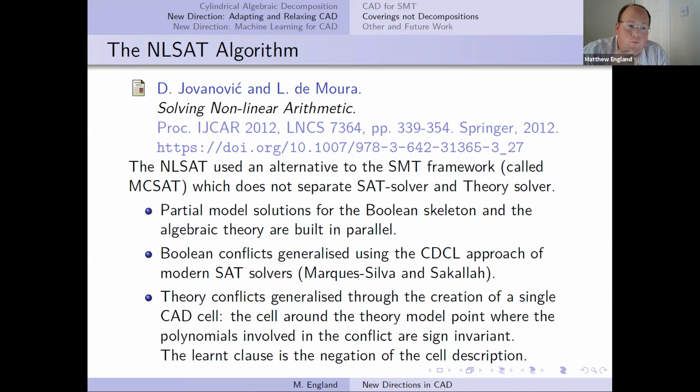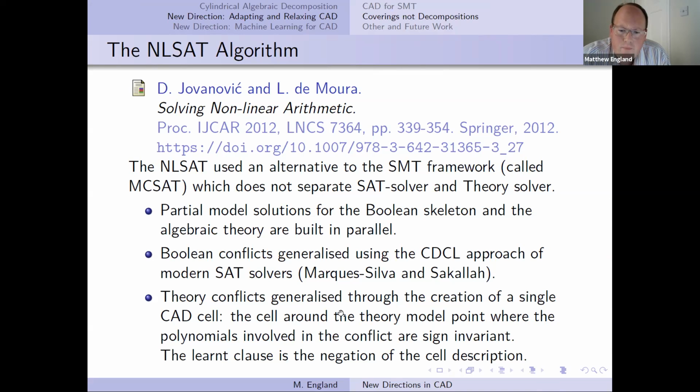Well, you build what they call models, which are the guesses, the educated guesses about what a solution might be. You build these models in tandem in the Boolean variables and the variables of your polynomials, the algebraic variables. And when you get a conflict in the Boolean variables, then you use the normal SAT solver approach to generalizing that conflict.